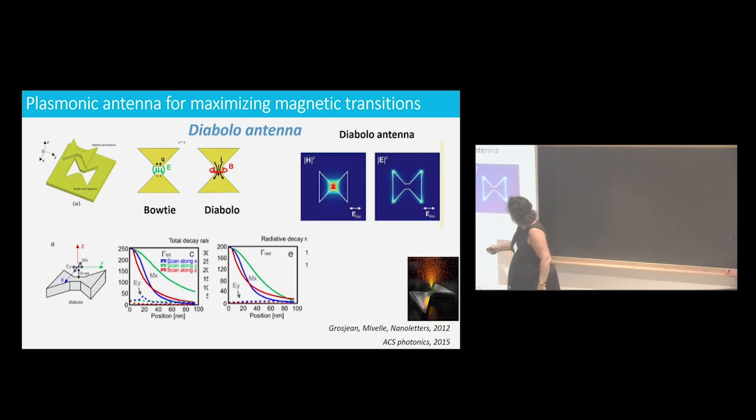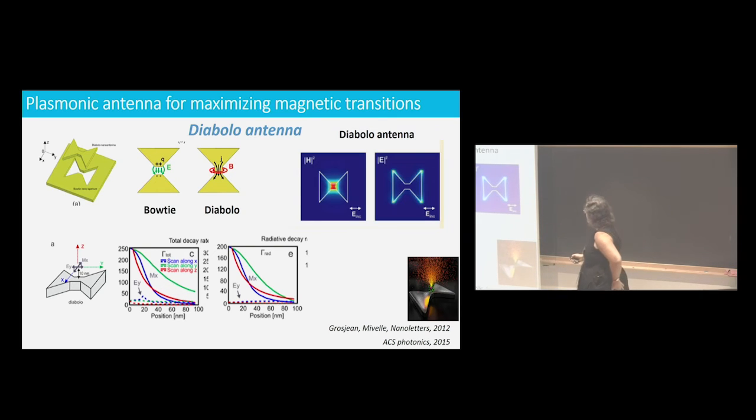Here you have a reservoir of electrons, so you create a current, and because of this current, you create a magnetic field locally. So you can use these diabolo structures to enhance the magnetic field in the middle and use it to enhance magnetic transitions.